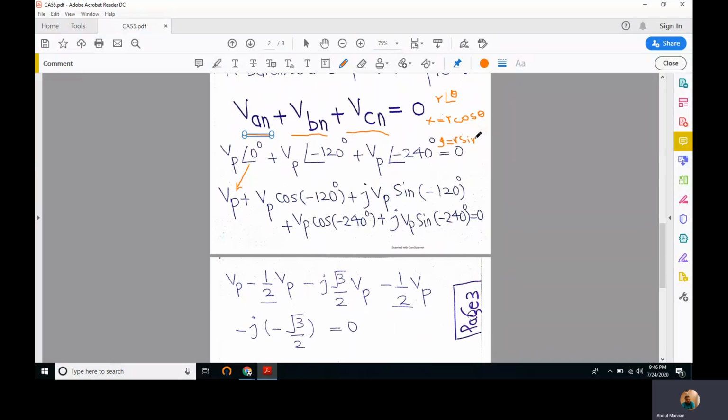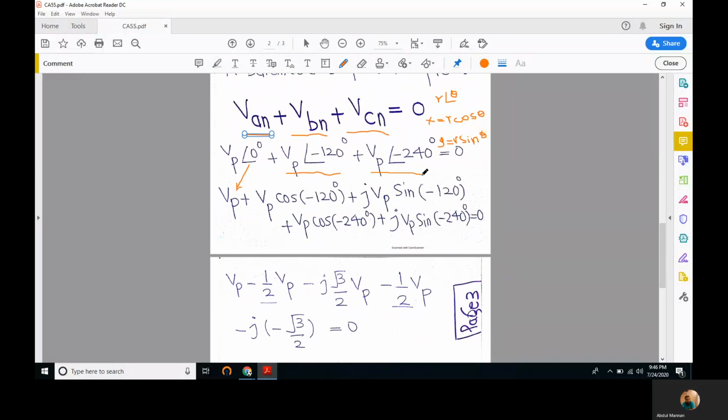So we'll replace VP at an angle of minus 120 with VP cosine of minus 120 plus j VP sine of minus 120.